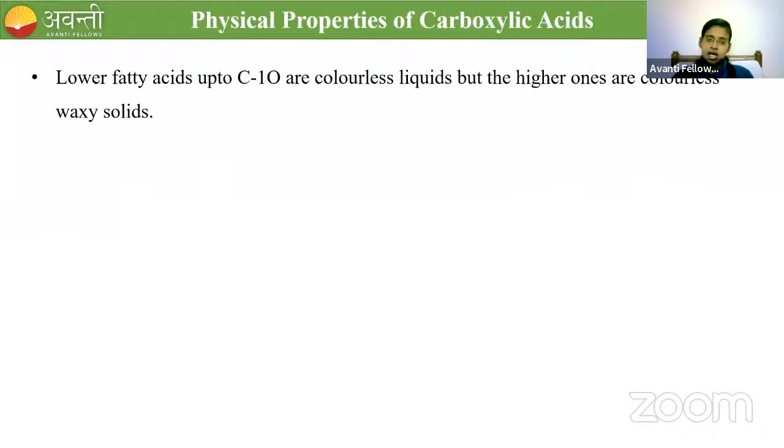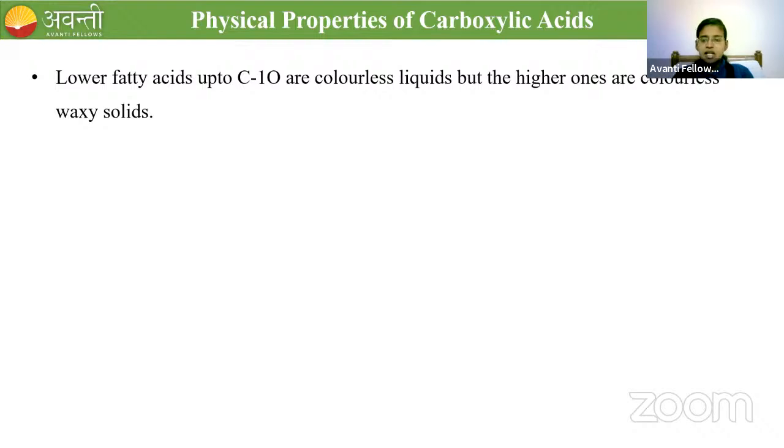Till carbon number 10, all the carboxylic acids are colorless liquids, but the higher ones are colorless waxy solids. So as the carbon number increases, the physical state changes from liquid to solid.